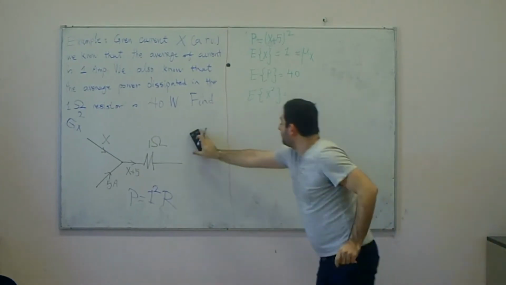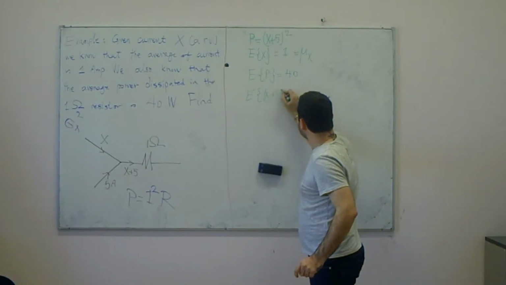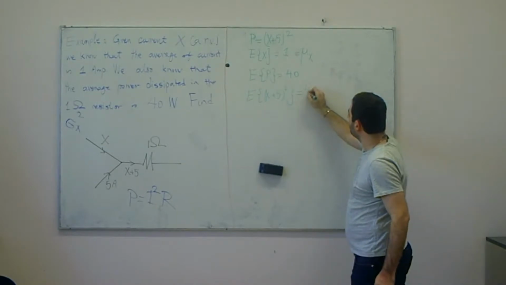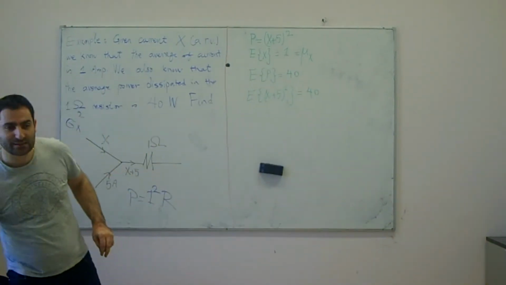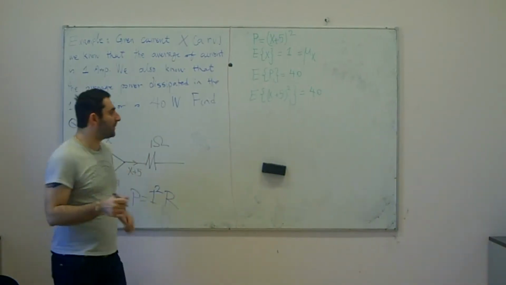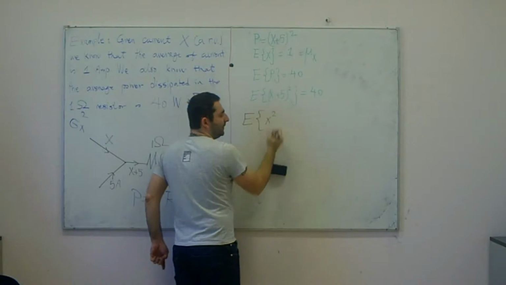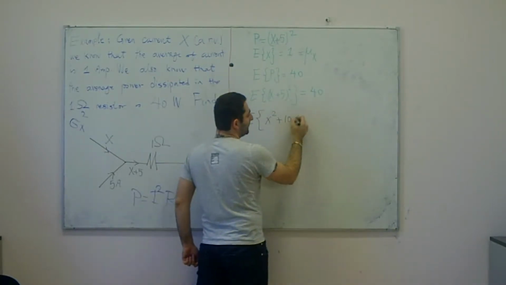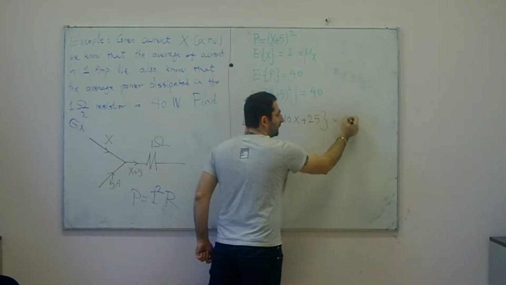So E of x plus 5 squared is given to be 40. Now what I want to do is expand this binomial that I have in my hand. So it will be E of x squared plus 10x plus 25, and this is equal to 40.